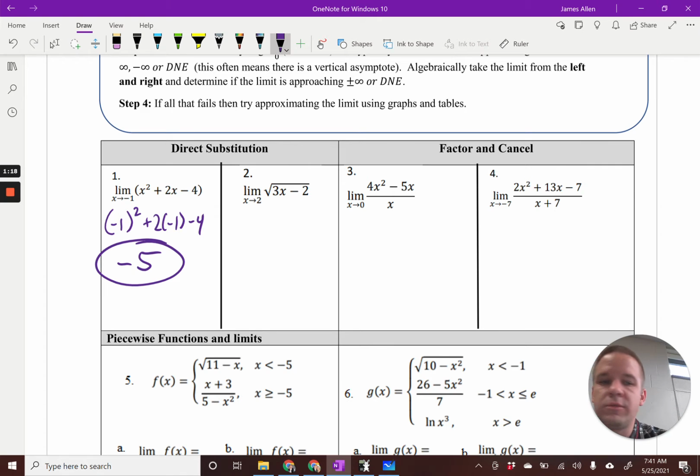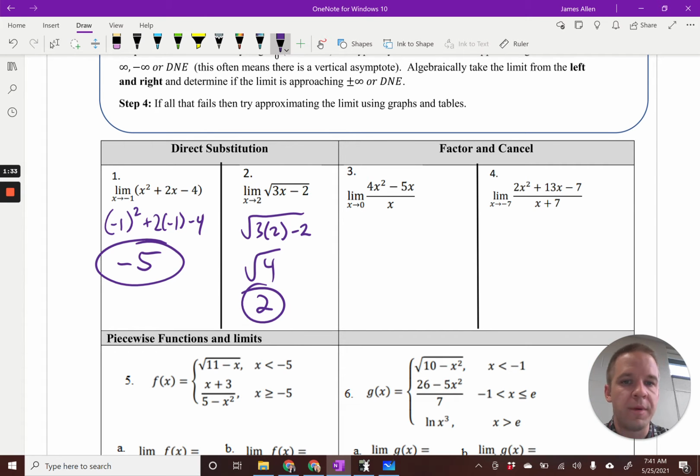So, boom, done. No big. On the second one here, if I just directly substitute 2, I'm going to have 6 minus 2 is 4. The square root of 4 is 2. No big deal.